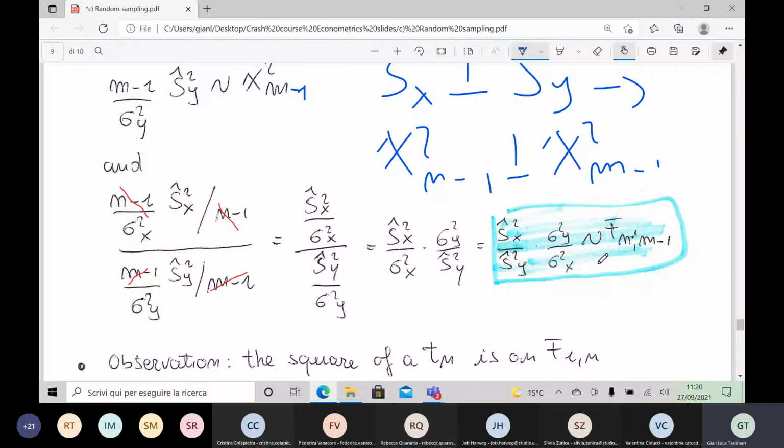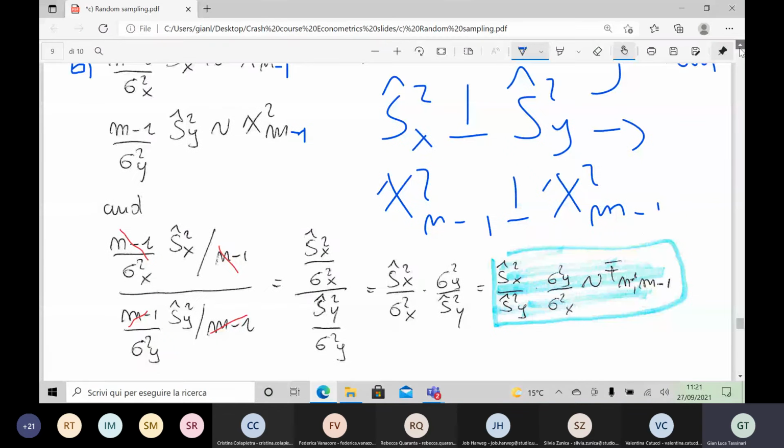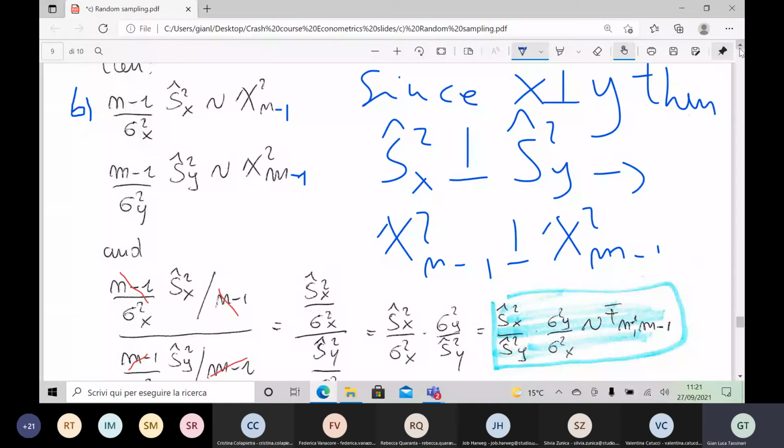So we find this result. Observation, guys, before going below. Obviously, you can get another F. For example, if you exchange this numerator with this one, what do you get? You get an F of Fisher with m minus 1 degrees of freedom and n minus 1 degrees of freedom.